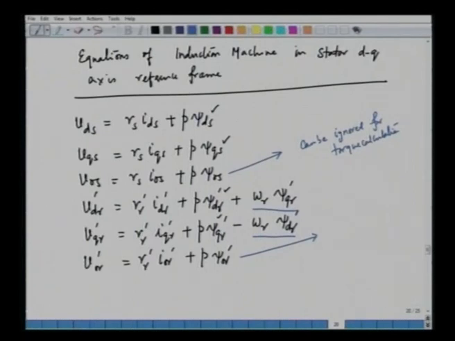If you ignore that particular equation, you do not need IOR anywhere. We do not need IOS anywhere. So, since IOS and IOR are not required in the equations for the calculation of torque or otherwise, we can avoid the computation of zero sequence currents in the stator as well as in the rotor.